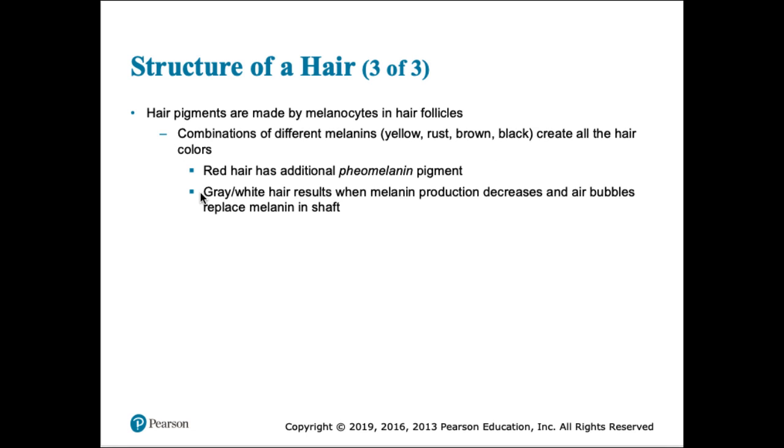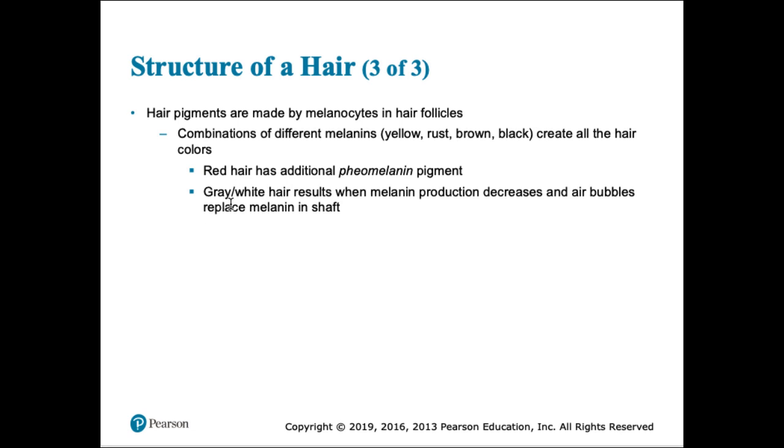Hair pigments are made by the melanocytes in the hair follicle, so there are different combinations of melanin. You can have yellow, rust, brown, black, and they all create these hair colors. Red hair is unique because it has an additional pigment that other hair doesn't, and that is pheomelanin, and that will result in the red hair.